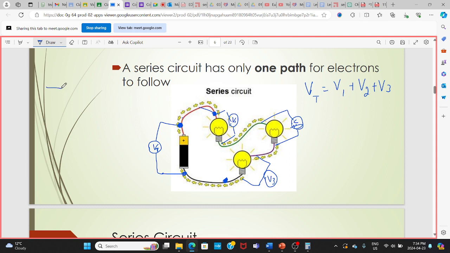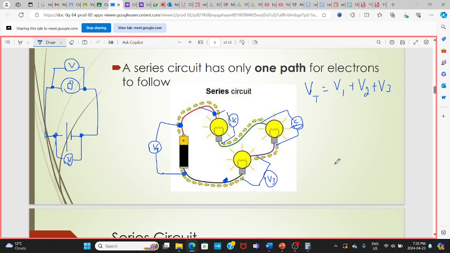Remember that if we had a light bulb, and here is voltage, and this is my battery, the voltage across the battery would be the same as the voltage across this light bulb, right? Because these 2 points are the same. These two voltages would be the same.